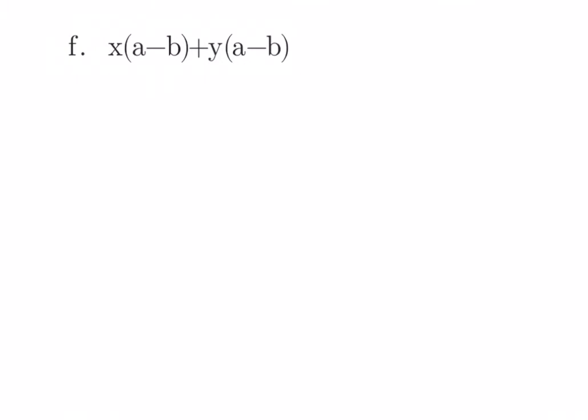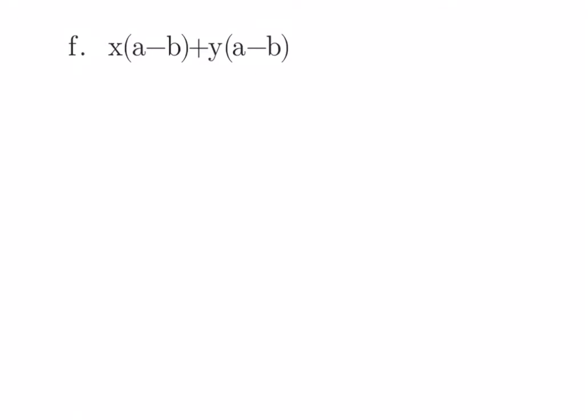Last thing we want to do is factor out a binomial. So notice that it said expression of highest degree. And so not only can you factor out numbers, not only can you factor out variables, you can also factor out an expression, for instance, a binomial.